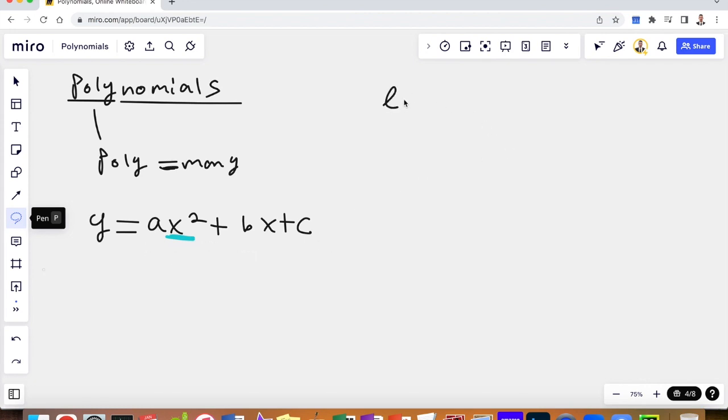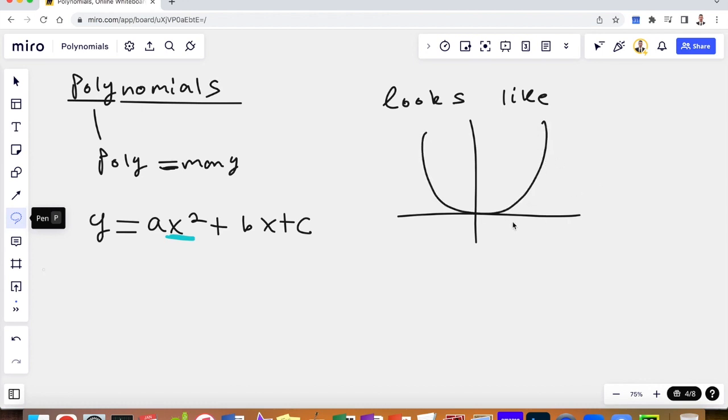It would look like this if b equals 0, c equals 0, and a equals 1. So I just have y equals x squared.